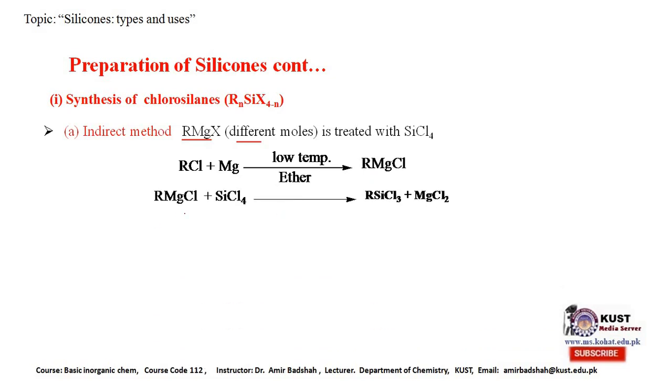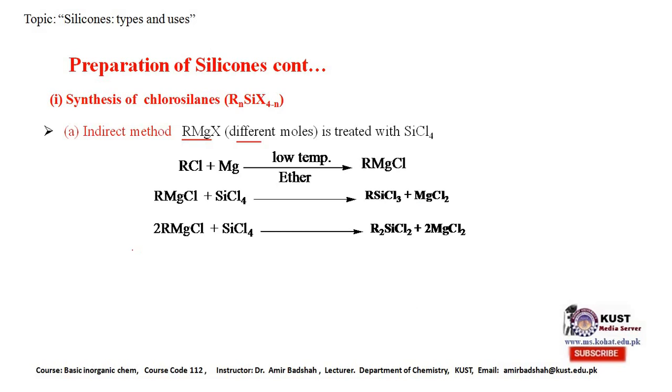When 1 mole of Grignard reagent reacts with 1 mole of tetrachlorosilane, we will get monoalkyl trichlorosilane, and along with that we will get 1 mole of magnesium chloride as a byproduct.